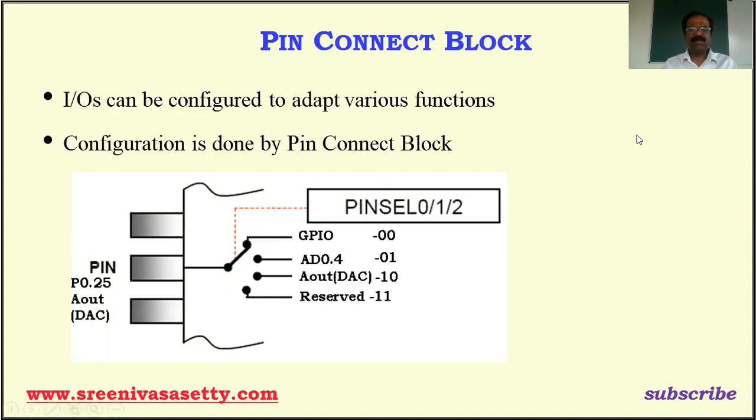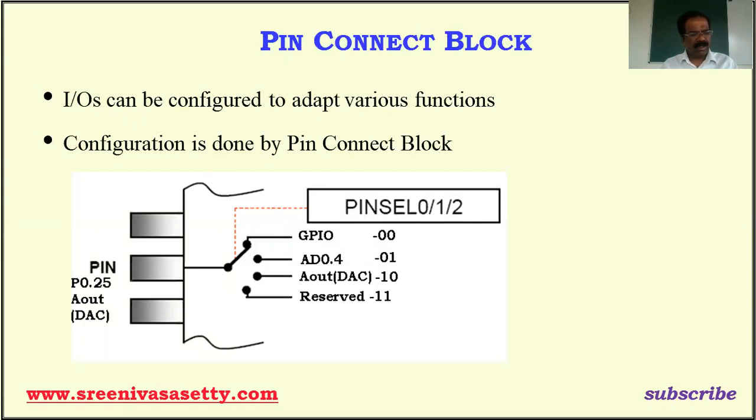So what is the purpose of the pin select register? We have three registers: pin select 0, pin select 1, pin select 2, and each is a 32-bit register. In the LPC2148 microcontroller, we have two important ports, P0 and P1, port 0 and port 1.